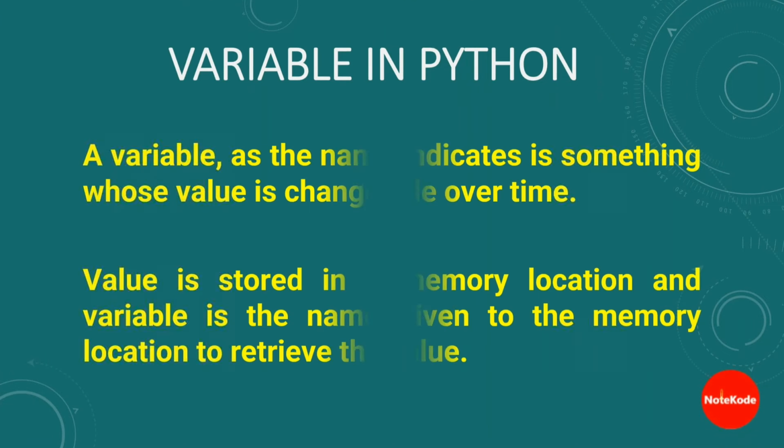Variable in Python. A variable, as the name indicates, is something whose value is changeable over time. A value is stored in a memory location, and variable is the name given to the memory location to retrieve the value.